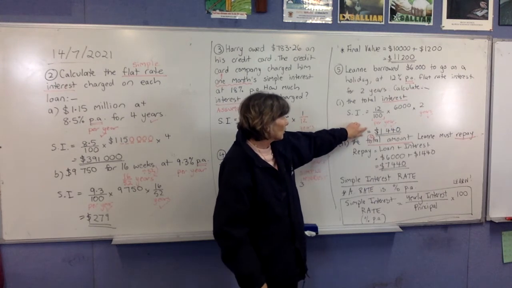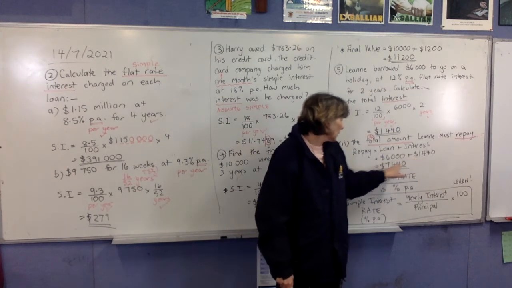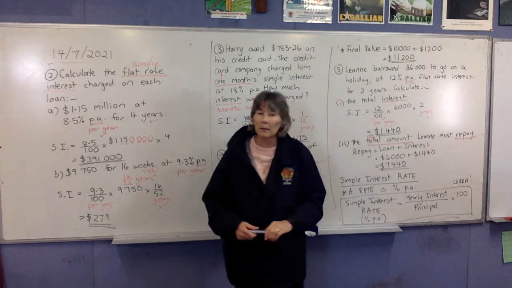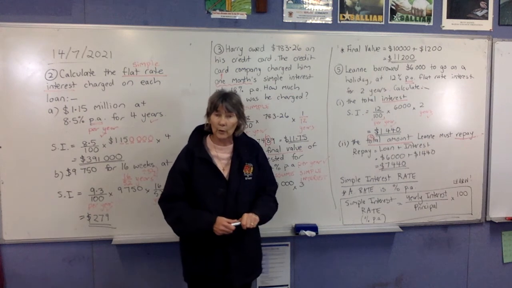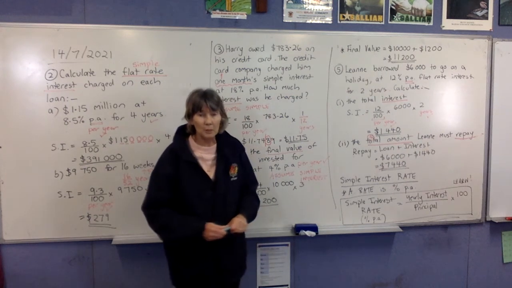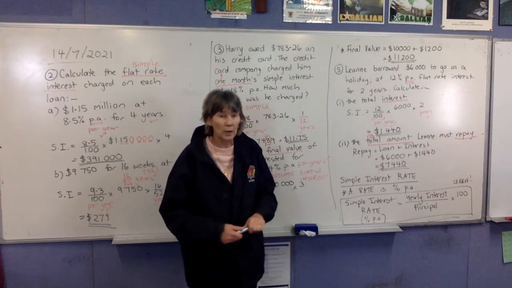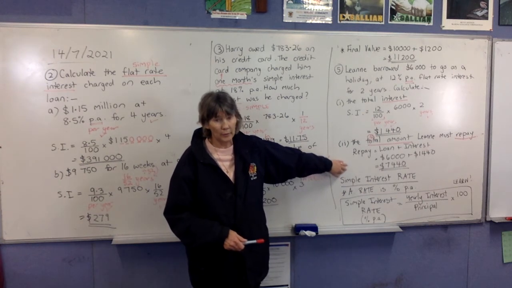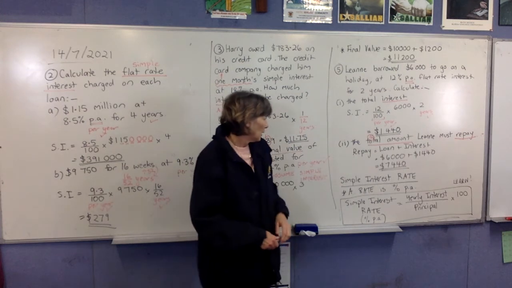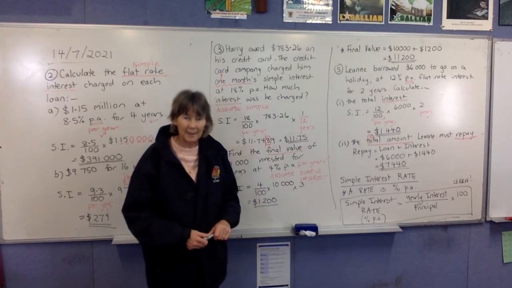Plus, you've got to also pay back the interest that they're charging you. So altogether, you're going to be paying back the bank $7,440 for your holiday. So it would have been much better had you saved the $6,000 and just gone on a nice holiday. But now the holiday has cost you $7,440.